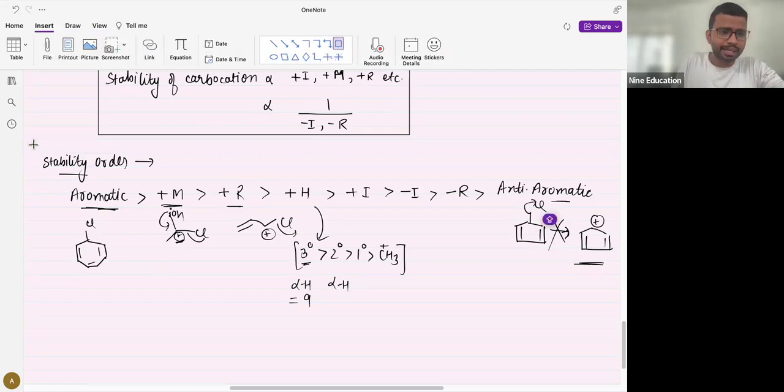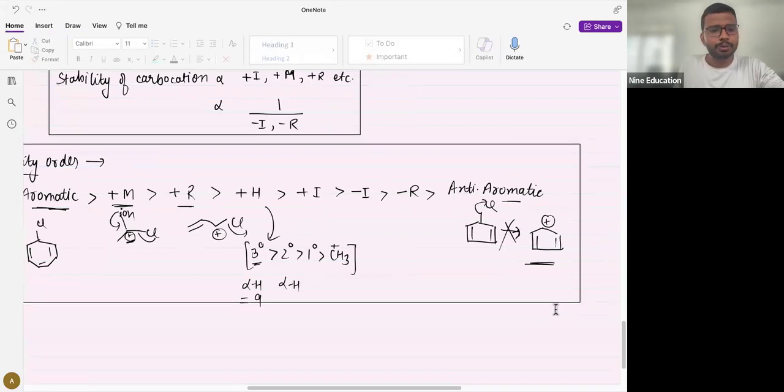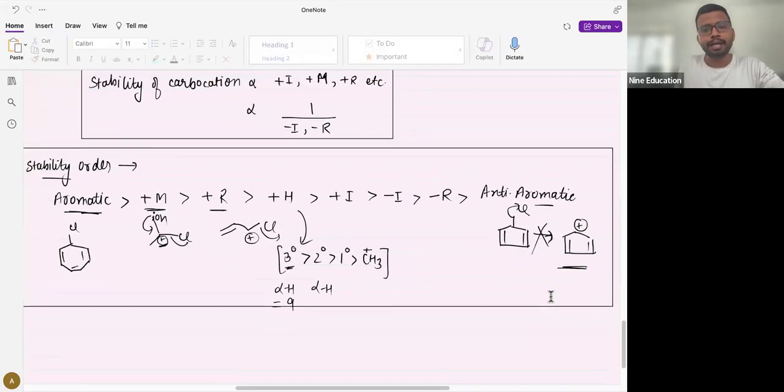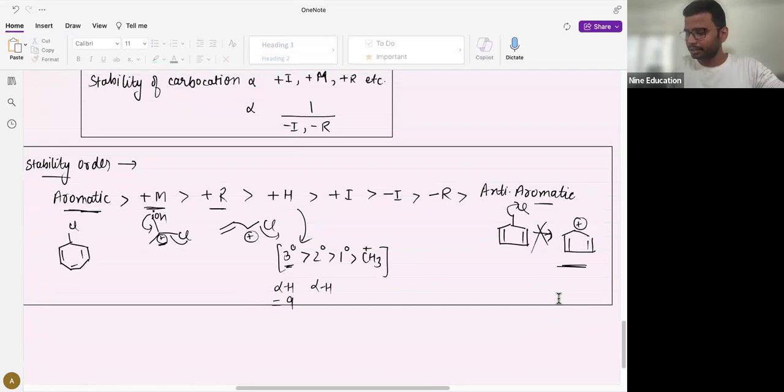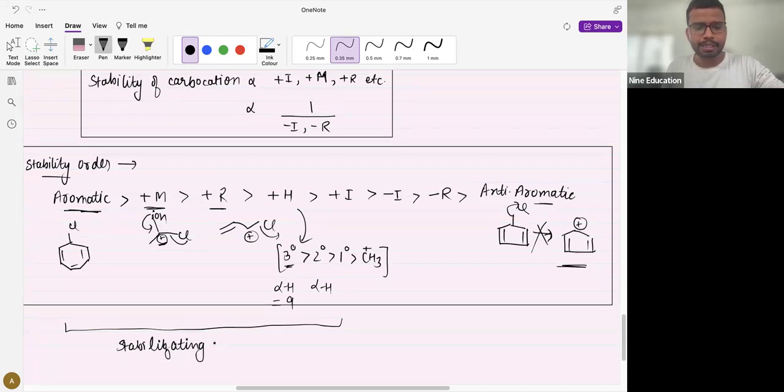If you remember this much, your JEE Advanced would also be done with this. Everything is in this stability. So these all plus effects are stabilizing the carbocation, and these all minus effects and anti-aromaticity are destabilizing.